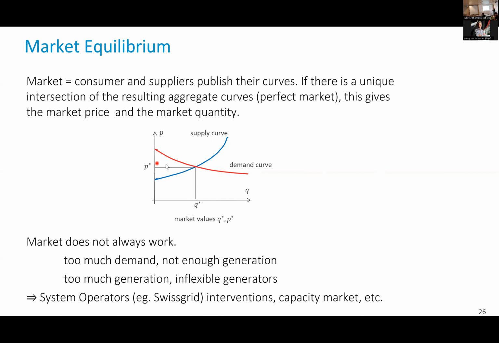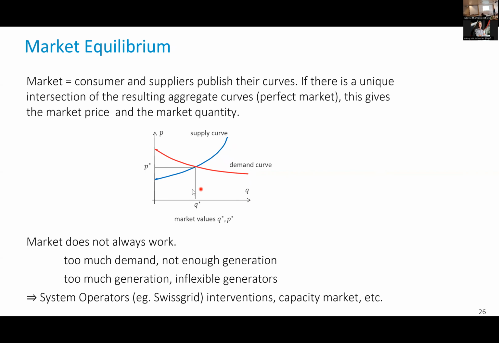And then the market will balance at a price where both intersect, by this economic theory, because they should be equal here. So this is how things are. And this is how electricity is run in Europe, in continental Europe, and in the US, and in many countries where there's no monopoly.